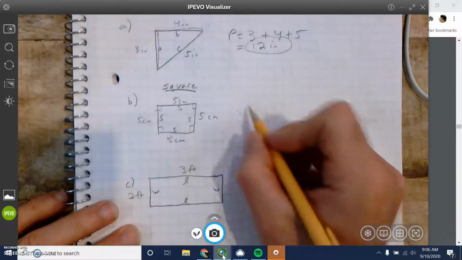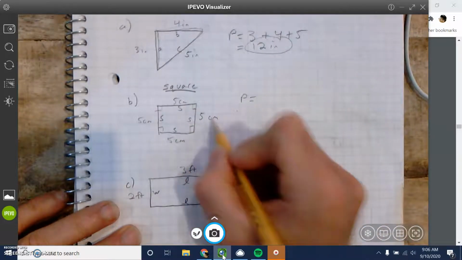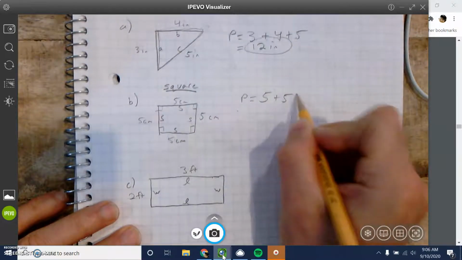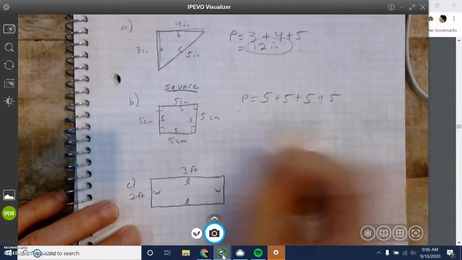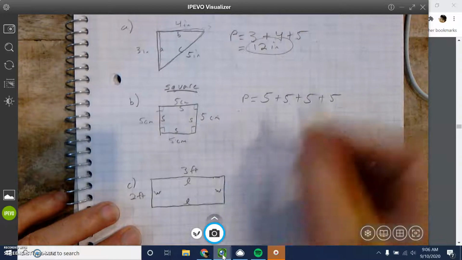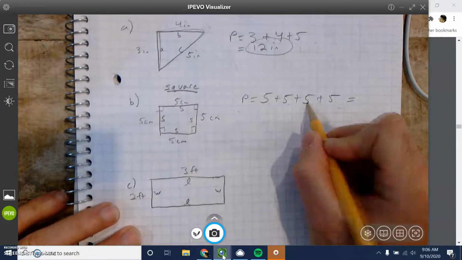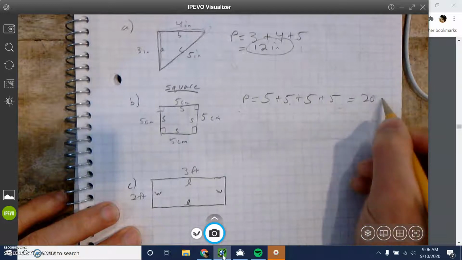Now with this, you can do it two ways. So a square, you can add up all the sides. So it's 5 plus 5 plus 5 plus 5. 1, 2, 3, 4 sides, 4 5s, which is 5 plus 5 is 10, 10 plus 5 is 15, plus 5 is 20 centimeters.